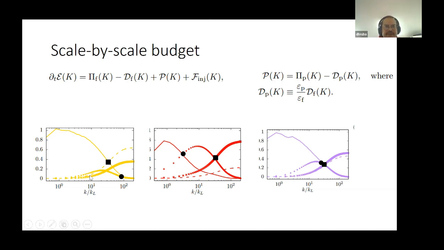What you see is when the Deborah number is very small, the term P is very small. So the usual picture of turbulence works, you get Kolmogorov behavior and Bob is your uncle. As the Deborah number increases, you get this very interesting situation where you see a separation.